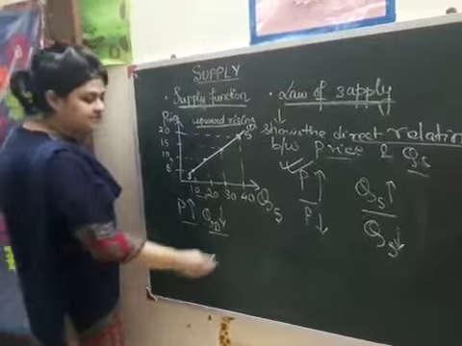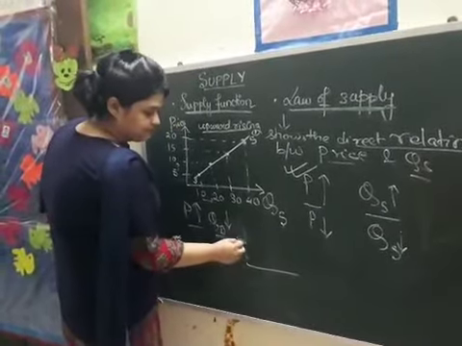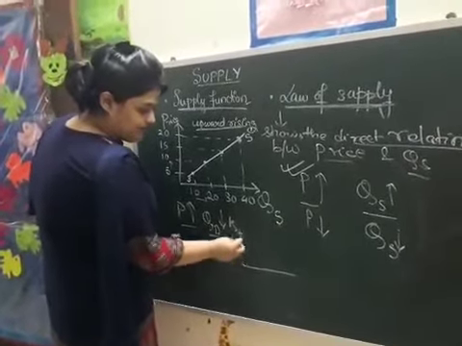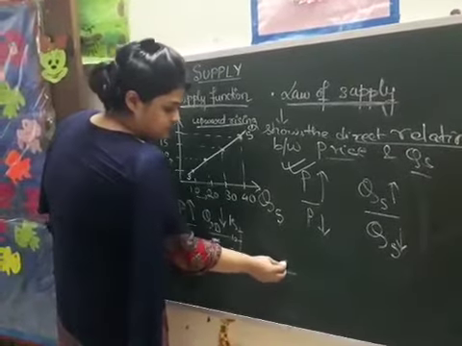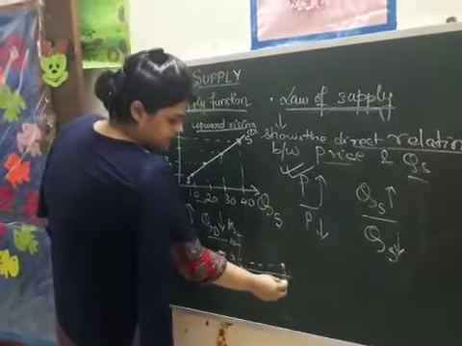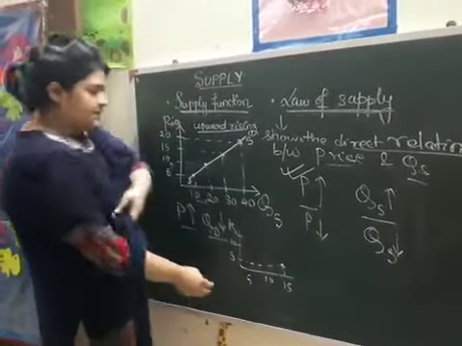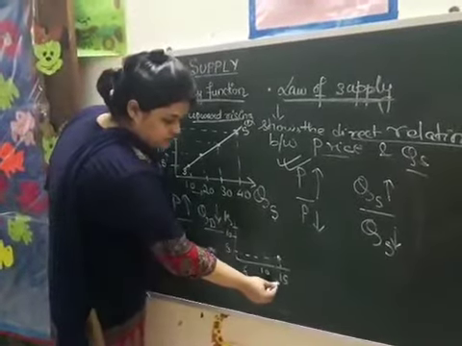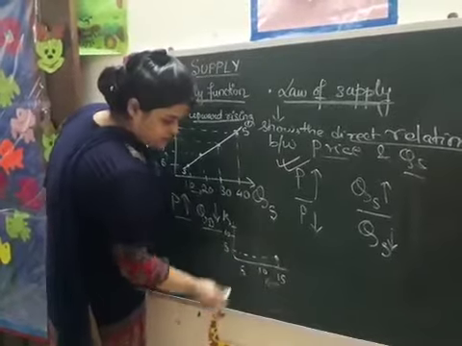So what you will see is that when price increases from 5 to 10, at rupees 5, suppose a greater amount of quantity was demanded. And when price has increased, you are demanding less, so you are reducing the quantity demanded from 15 to 10 units.